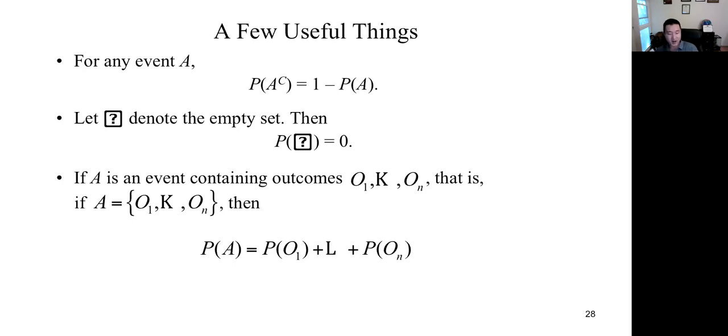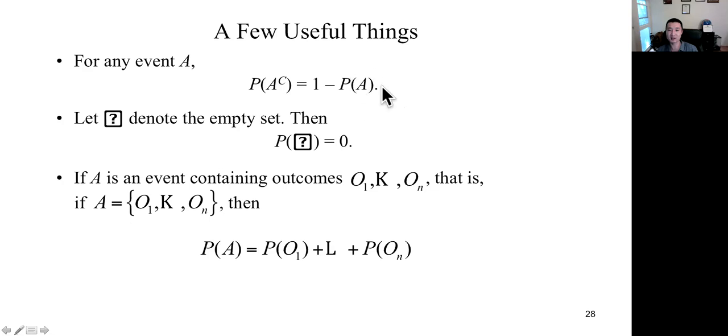For any event A, A^C is the complement of A. Remember, the complement of A is also called not A, which means P(A^C) is the probability that A does not occur. It is of course equal to 100% minus the probability A occurs.